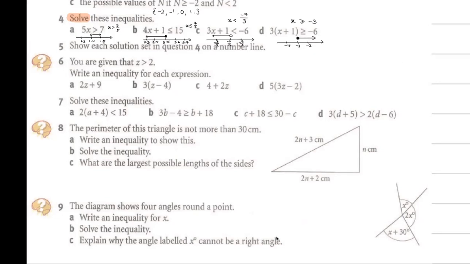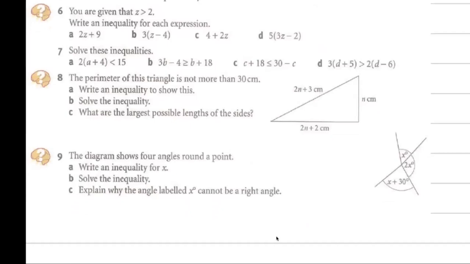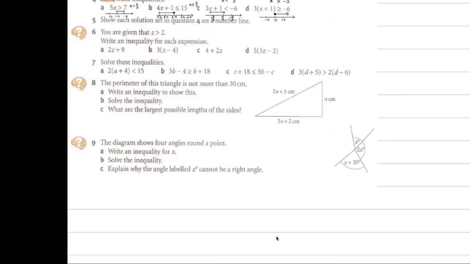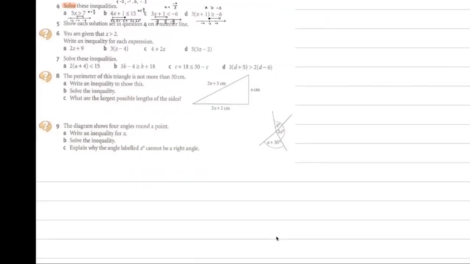All right, next one, solve these inequalities. So to solve it, like I said, we need to make sure that the unknown is alone. So let me just get it right here. 7 is right here, number 7. A. 2a plus 4 is less than 15.